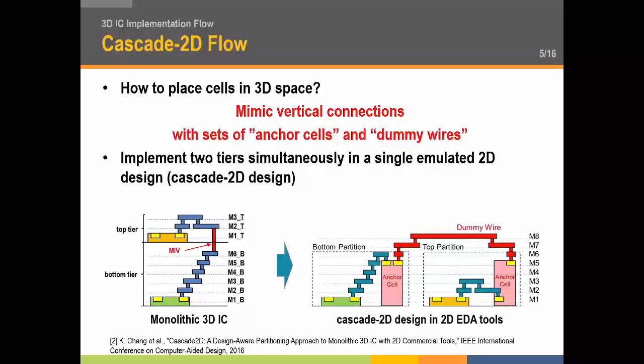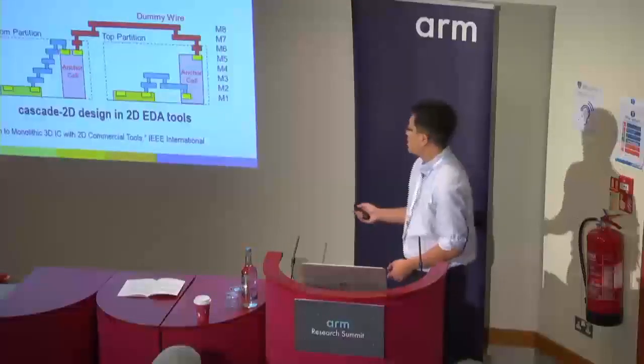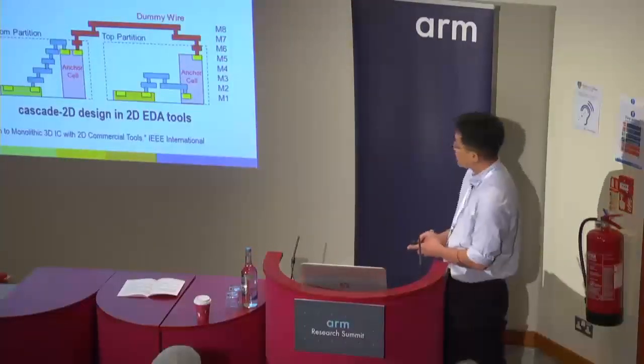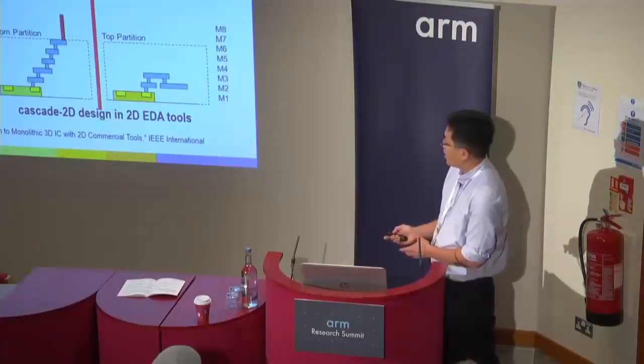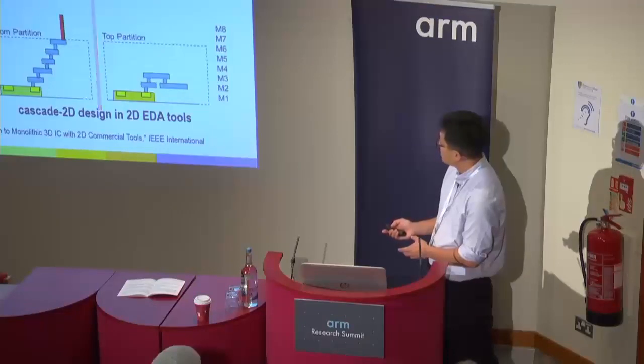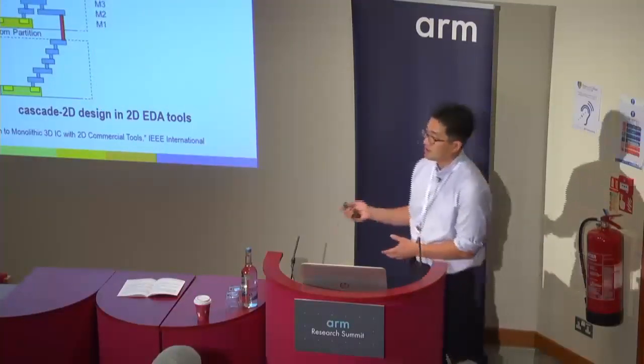The left figure shows an example monolithic 3D IC, and the right figure shows the corresponding Cascade 2D design in EDA tools. If we cut this Cascade 2D design and slide the top partition, then we can actually see they are equivalent.